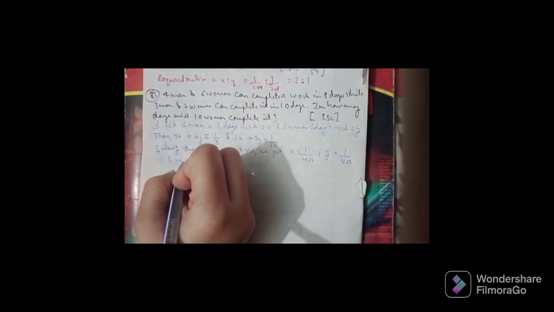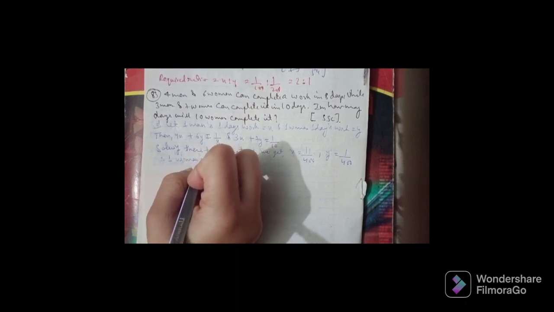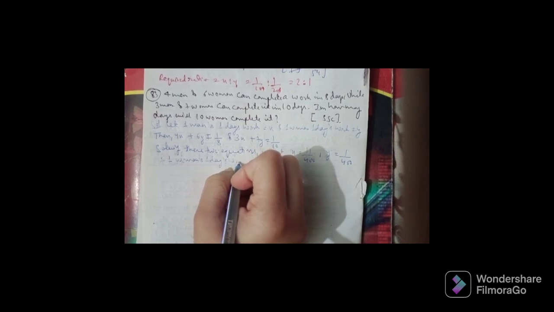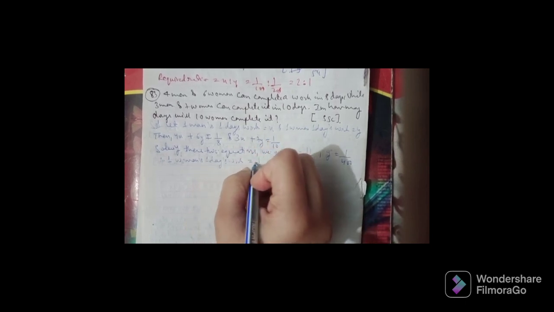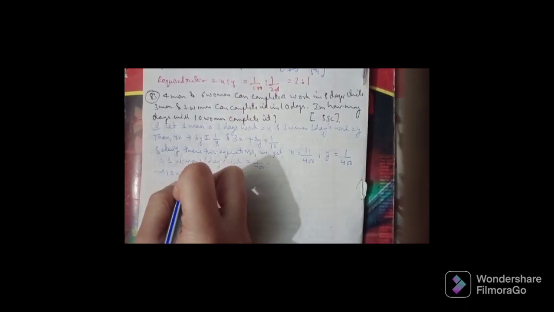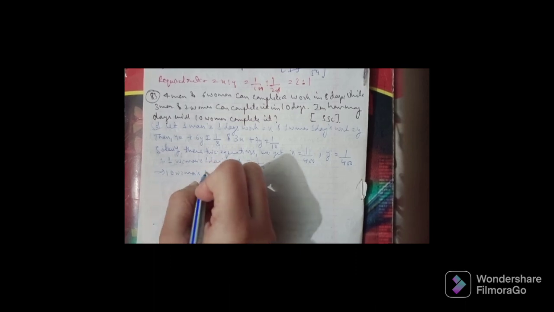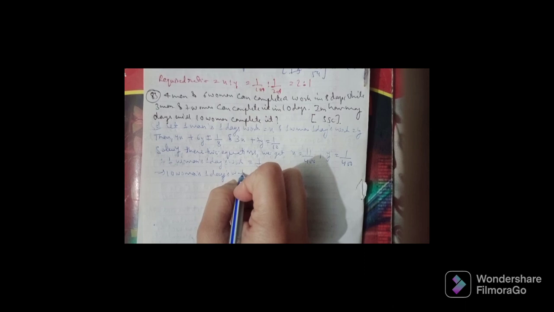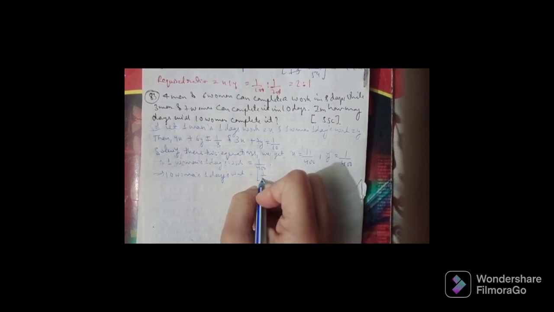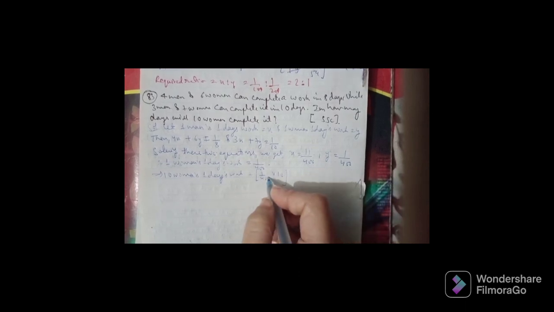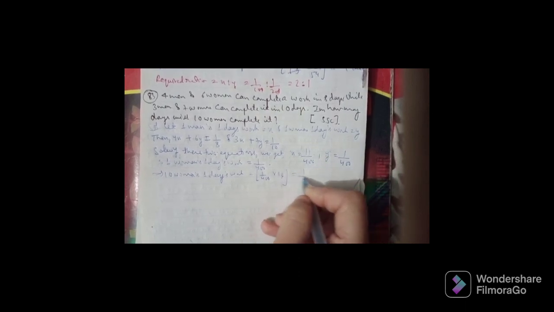1 woman's 1 day's work equals 1 upon 400. 10 women's 1 day's work equals 1 upon 400 into 10, it is 1 upon 40.